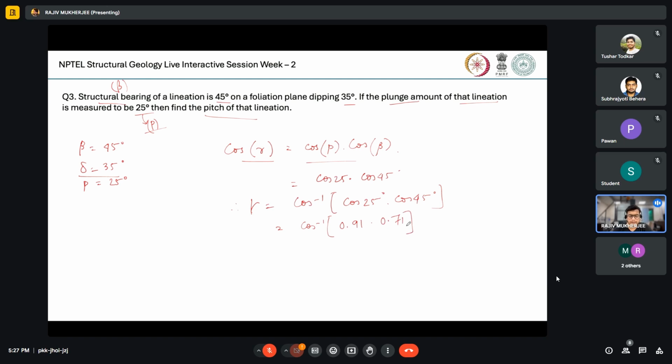So the value is 0.91 times 0.71, which is 0.65, cos inverse 0.65. So it is near about 49 degrees.